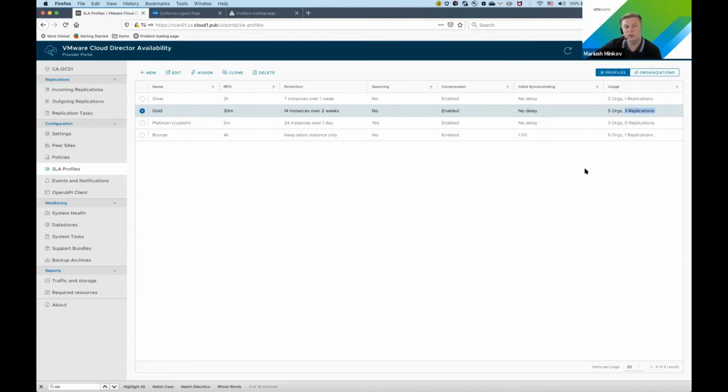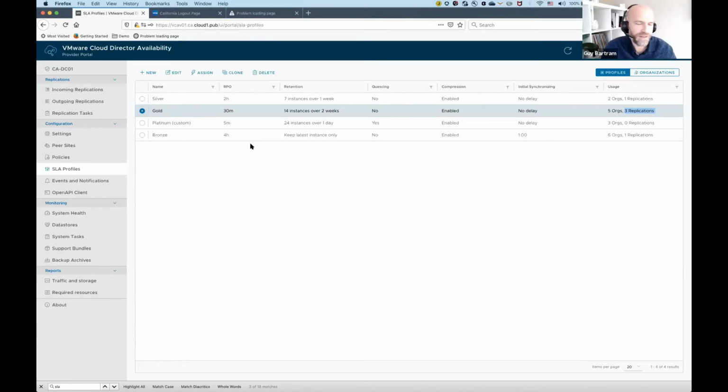So I cannot change the gold. I need to copy it by cloning, make the modification I want, and then I can migrate the replications from the gold to the new gold plus, or whatever I have created.